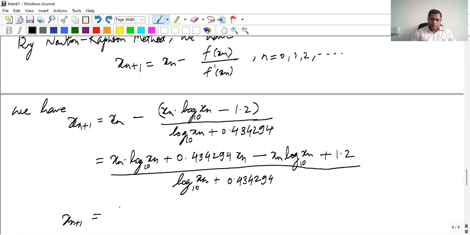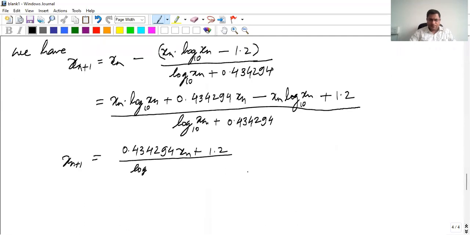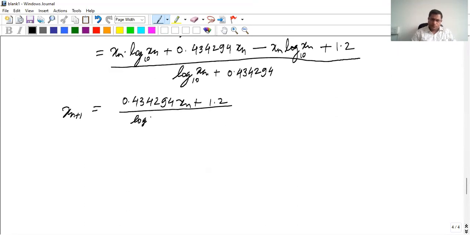So if you simplify, x n plus 1 is equal to 0.434294 x n plus 1.2 on log of x n to the base 10 plus 0.4342, when n is going to be 0, 1, 2.